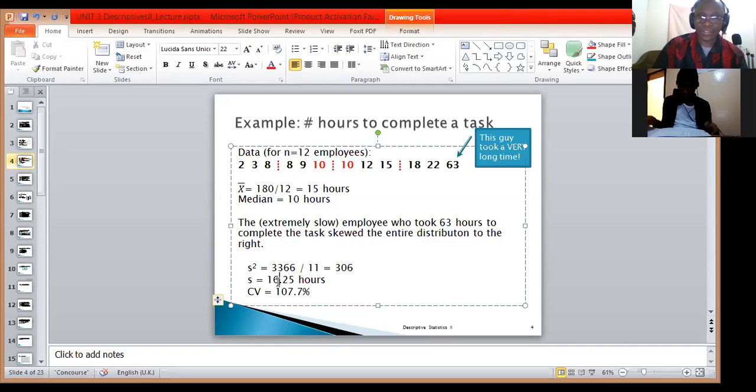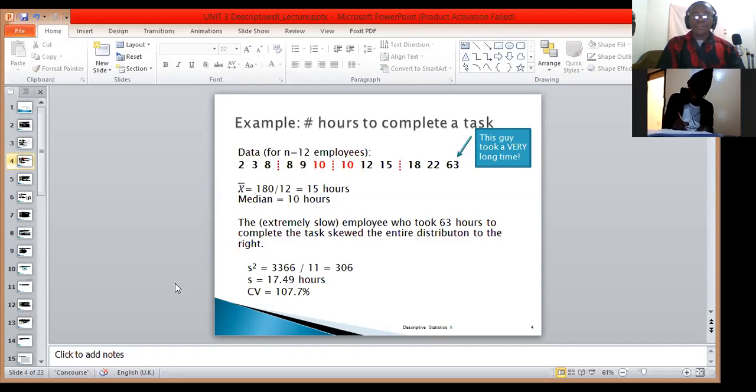So it's 17.49. Then we want to find the coefficient of variation.